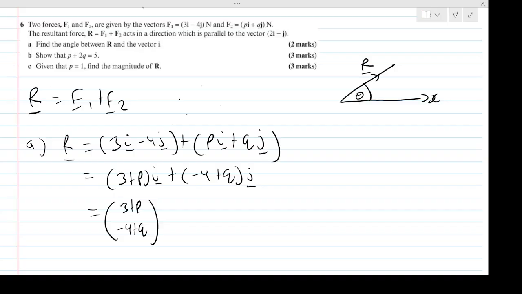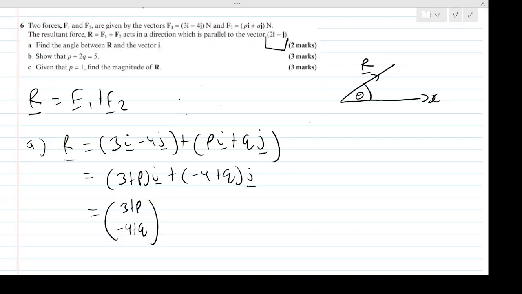The whole idea of two vectors being parallel is that their direction is the same, which means if we can find the direction of the vector 2i minus j, so the angle, because remember direction is basically the angle, if we find the angle between 2i minus j and the x-axis, then that's the same angle between r and the vector I. So that's what we're going to do.